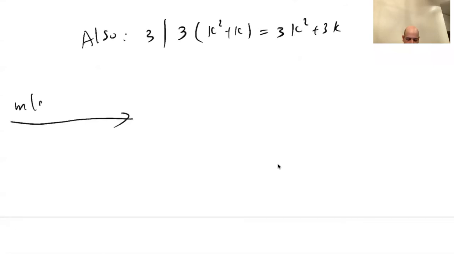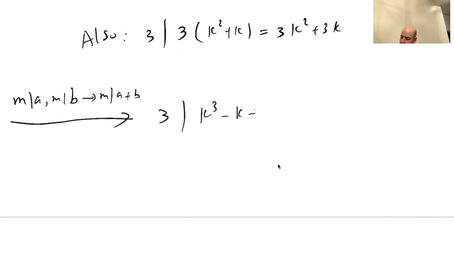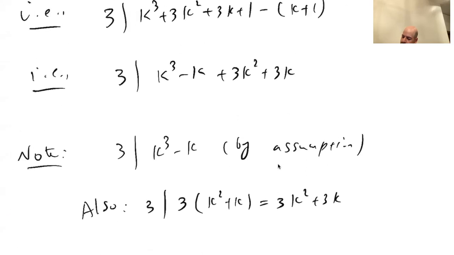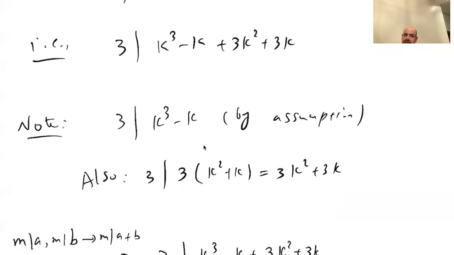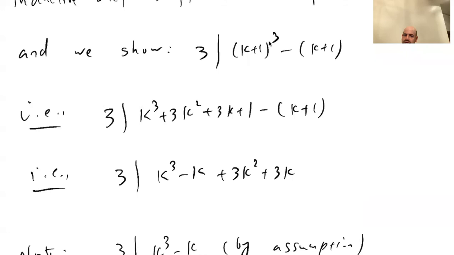So 3 divides k cubed minus k plus 3k squared plus 3k. 3 divides this guy plus this guy, but that guy plus that guy was the same as (k plus 1) cubed minus (k plus 1).